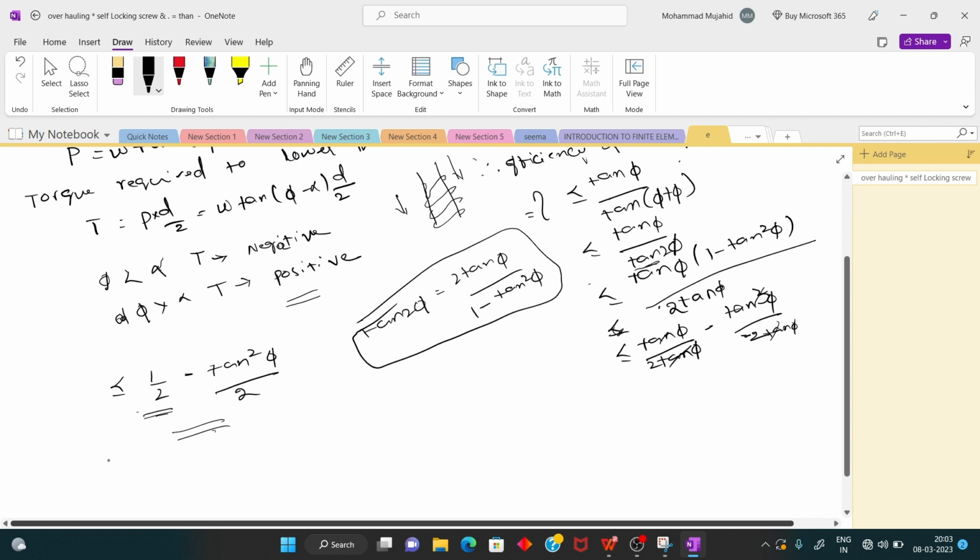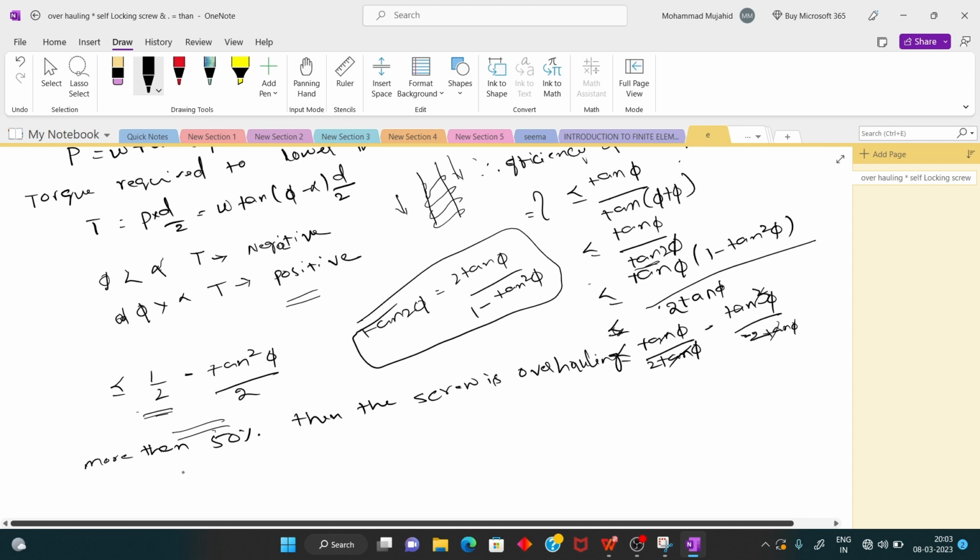If the efficiency of the screw is more than 50%, then the screw is overhauling. That is, without any application of force, the load is going to get lowered. If it is less than 50%, then it is a self-locking screw.